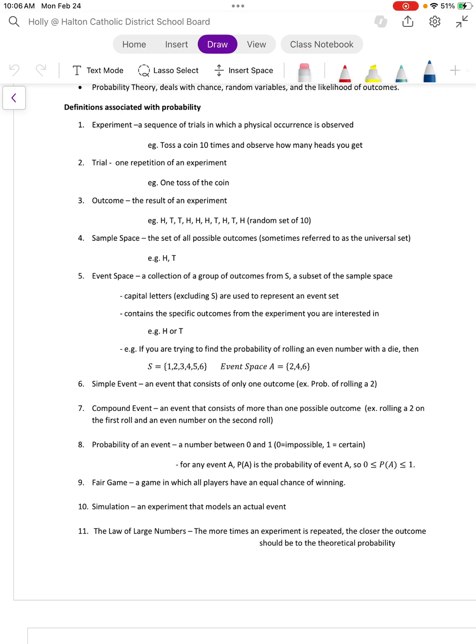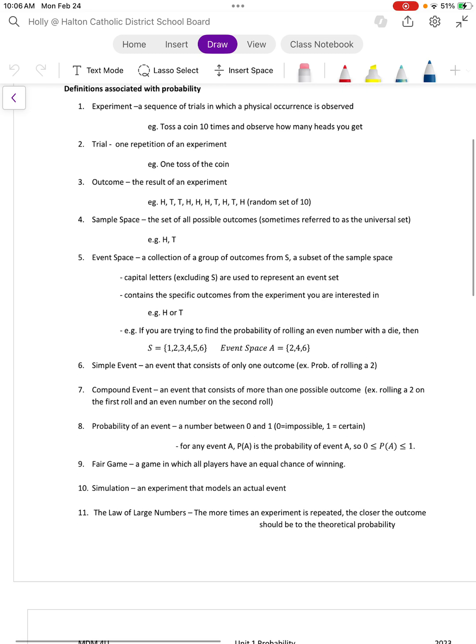The event space is a collection of a group of outcomes from S, a subset of the sample space. Capital letters, excluding S, are used to represent an event set, and it contains the specific outcomes from the experiment you are interested in. So it would have either the heads or the tails in this example with the coin toss.